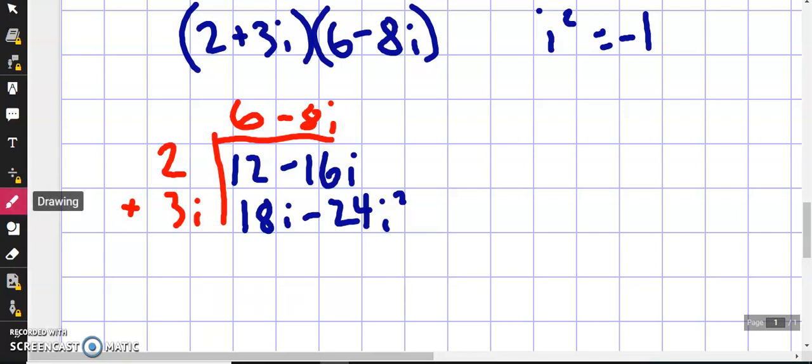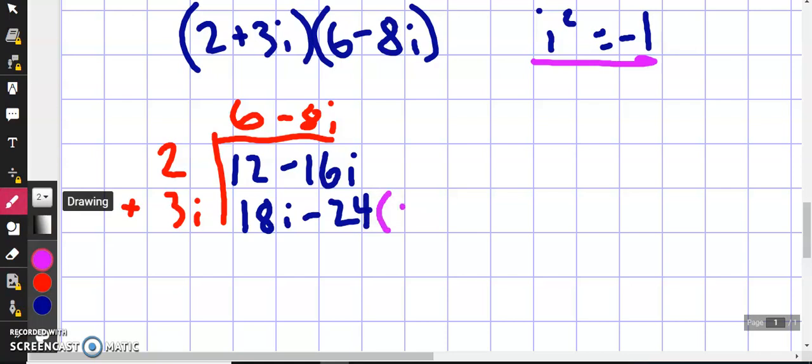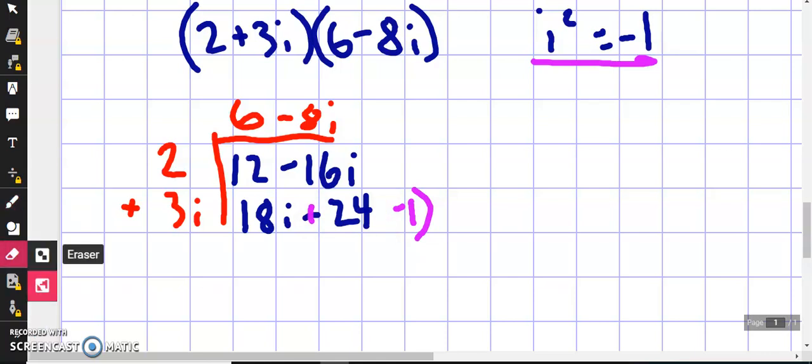We said that i squared is negative 1. So if I see an i squared, I'm going to change it into a negative 1. And when I multiply negative 24 and negative 1 together, all it's going to do is switch that into a positive 24.